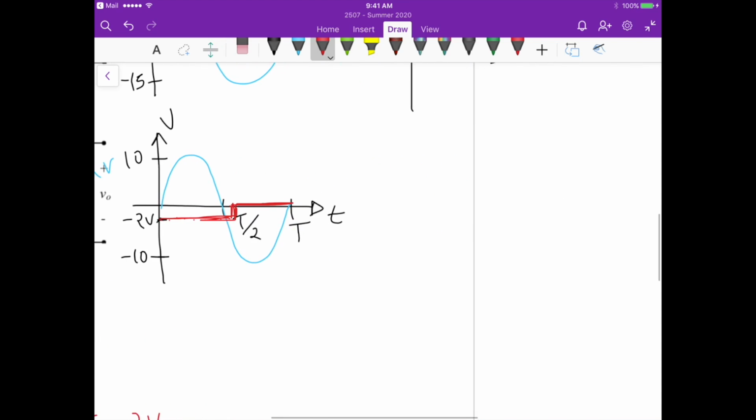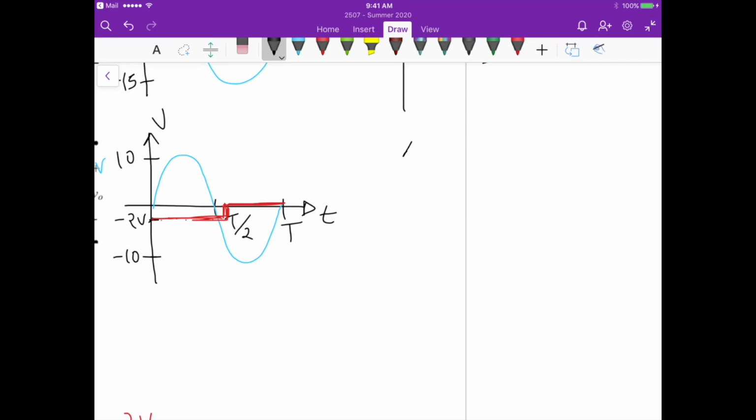Okay, if we want to plot the input versus output, we know that minus 2 is a point of interest, right? So if Vi is greater than that, then the output voltage is always minus 2. And this goes up to 10, right?